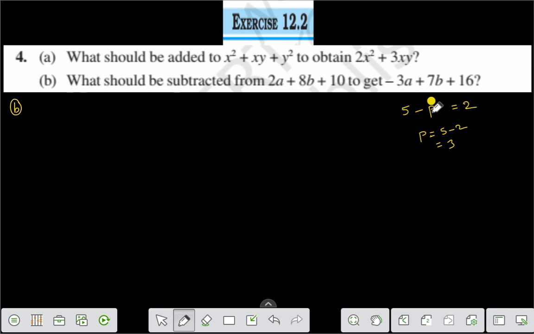That means let p should be subtracted from this number to get the other expression.